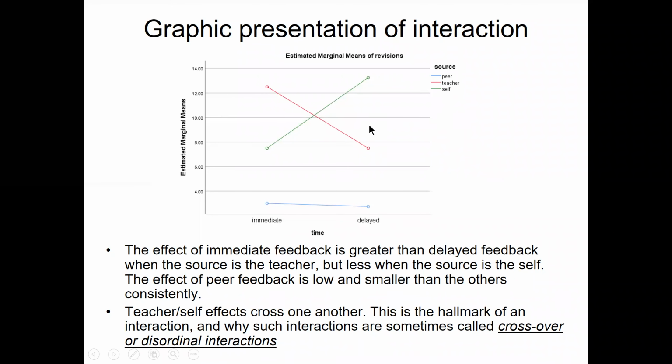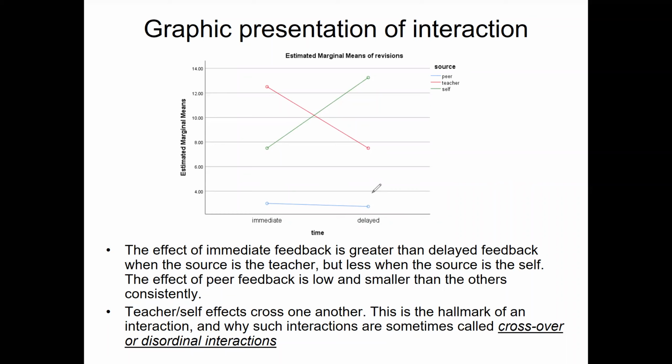To look at this in a way that hopefully will be a little bit clearer, it doesn't look like the action of the interaction is happening for the peer group. The peer group is blue, and it doesn't seem to matter for their future performance on writing whether they're getting immediate or delayed feedback. In fact, their performance is low.